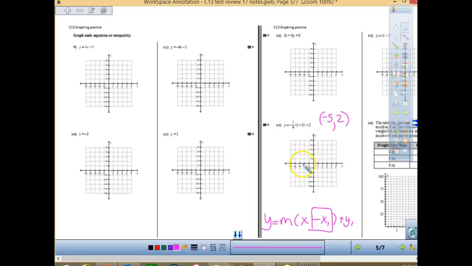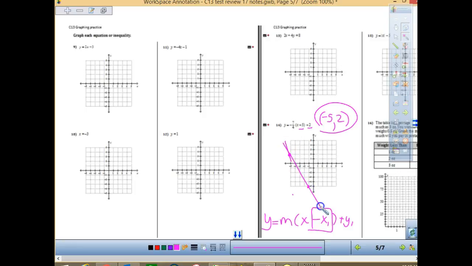This is an ugly equation in slope-intercept. You do not want to rewrite it in slope-intercept. You want to go to the point negative 5, 2 and put a point there, because that was your given point here. And then you're going to go down 7 and over 2, or over 4, my fault, over 4. Down 7 and over 4.